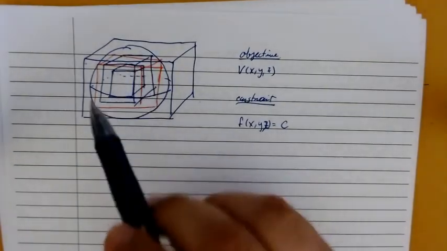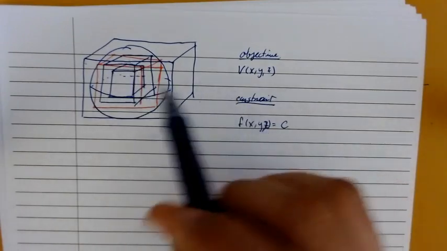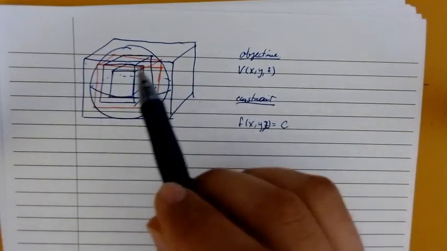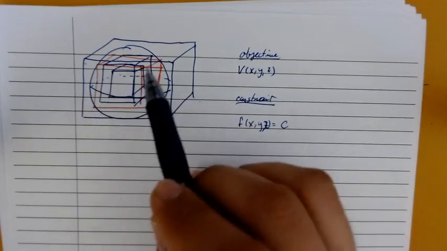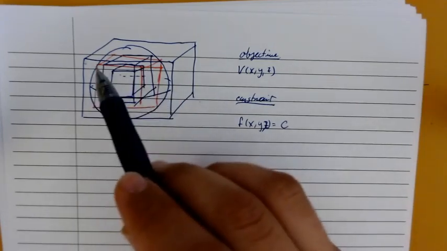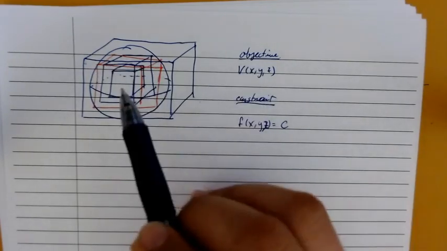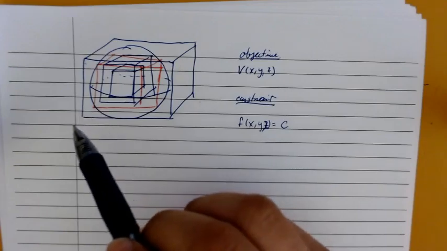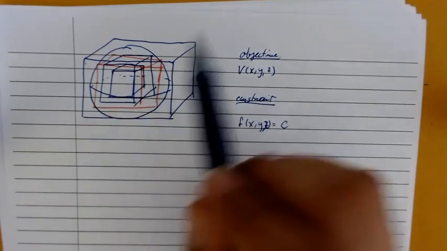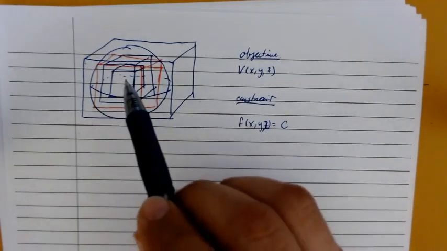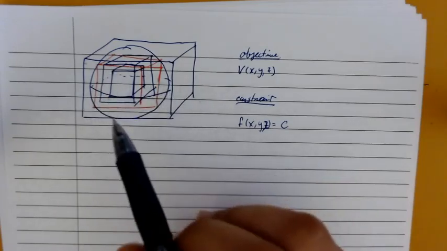Now my objective function is not equal to a constant, because we don't know what it is. However, we'd like to find what constant this is. We'd like to find one specific instance of our objective function as well. Our objective function is describing the volume of not one rectangular solid, but an infinite number of rectangular solids, many of which are too small, many of which are too big, and only one of which is exactly right.